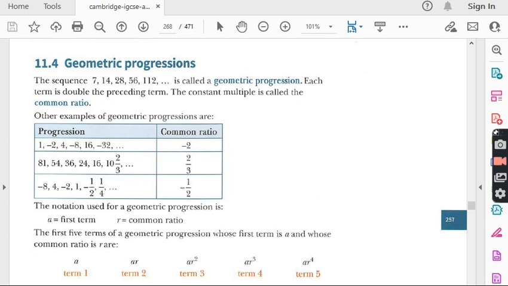What is arithmetic progression or what is geometric progression? In arithmetic progression the difference is same and in geometric progression the ratio is same. What does it mean?